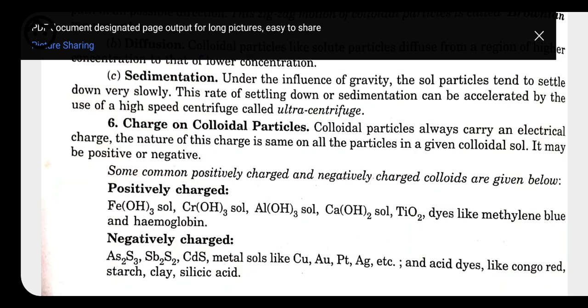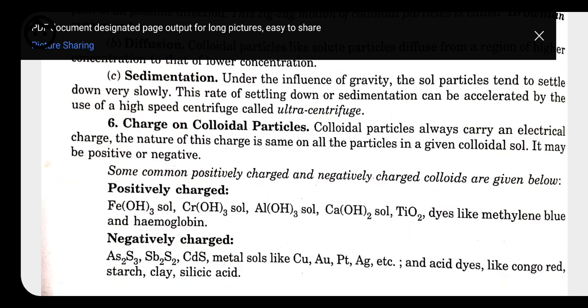Then one more theory came, which is somewhat correct, that is the addition of electrolyte. Whenever we add some type of electrolyte into the colloidal solution, the same charges come in. Like if we have a ferric hydroxide solution and we are adding ferric chloride as an electrolyte, here we have ferric as common.